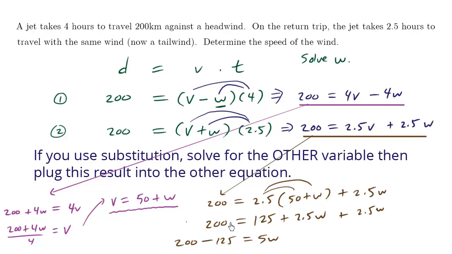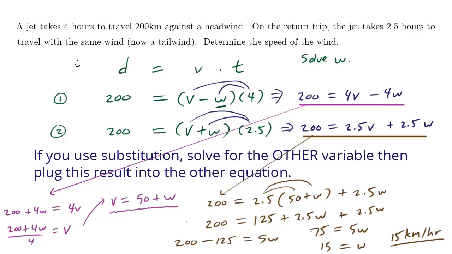This positive 125, when we move it over, becomes a negative 125. So 200 minus 125 is 75. 75 equals 5w. We're going to divide both sides by 5, and we get w equals 15. So the units we're using are kilometers and hours. So w, the speed of the wind, is 15 kilometers per hour.